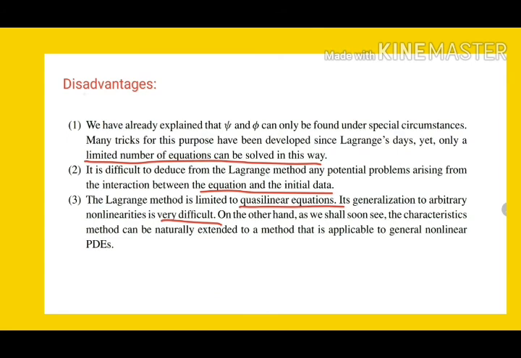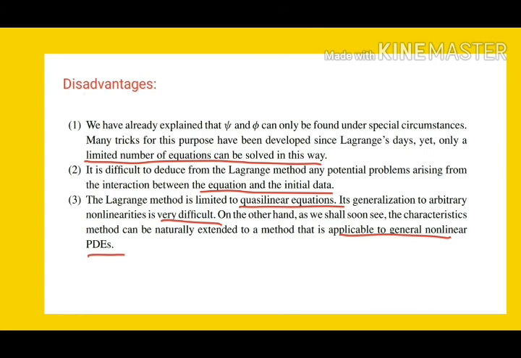On the other hand, quasi-linear equations can also be solved by the method of characteristics, and this method can be generalized to non-linear equations for solving non-linear PDEs also. So comparing to that, we can say that the Lagrange method is not as good as the method of characteristics.